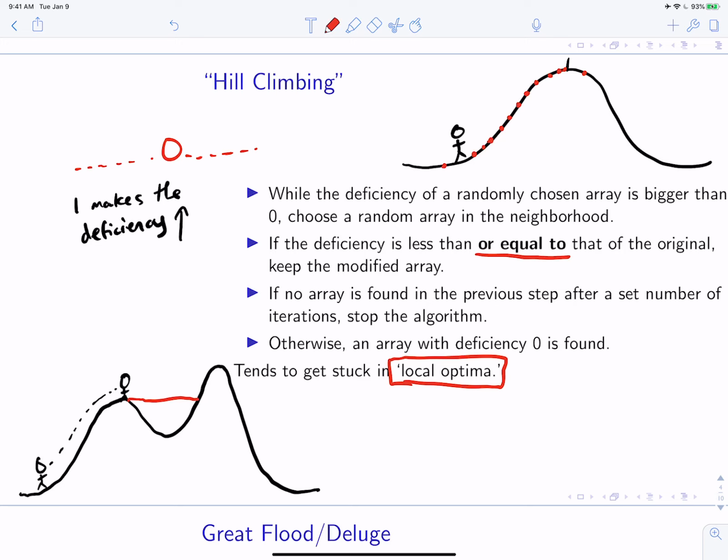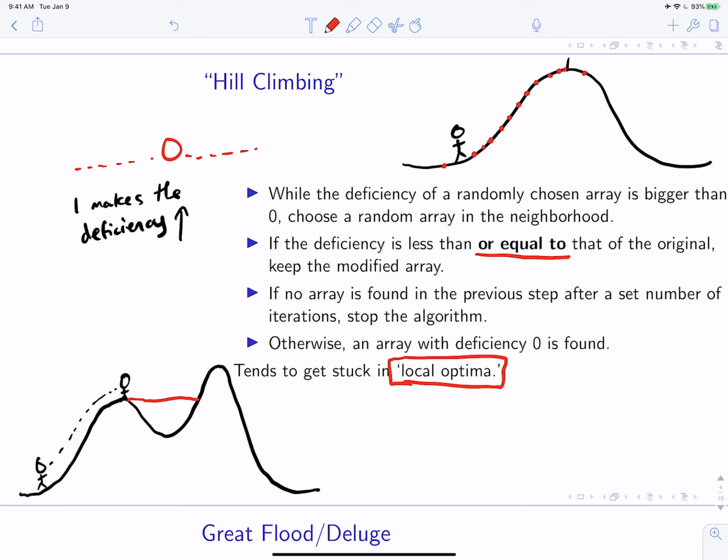Yeah. So the way that you would implement this is, maybe after 100 tries of trying to change the deficiency, we can't improve it, then we just stop. And if we ever improve it, we reset the clock and then we just go again. So that's usually how it's done.